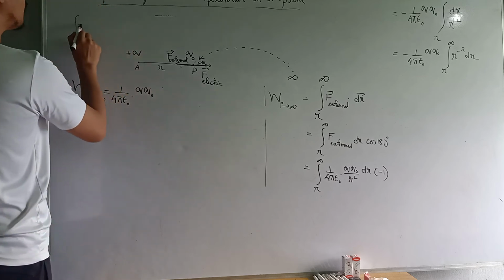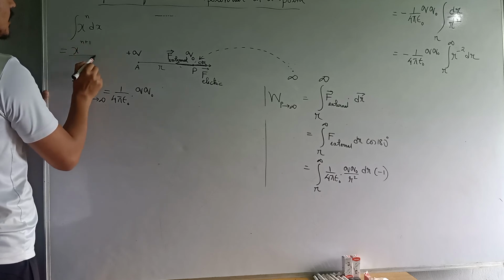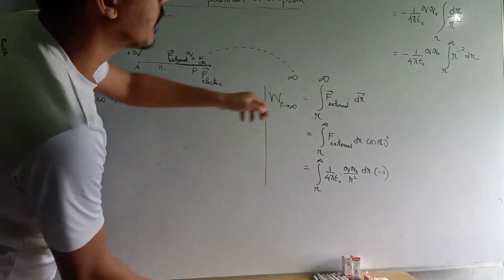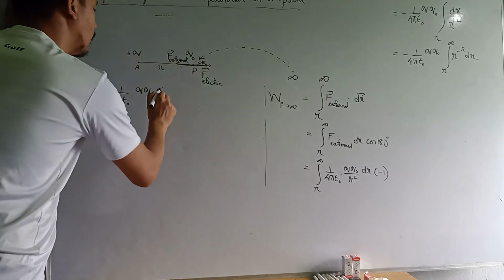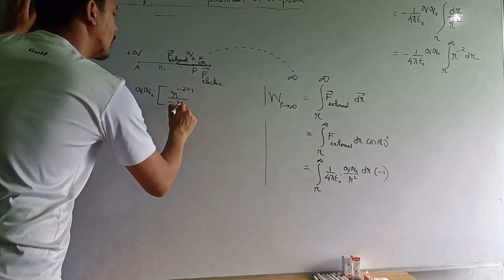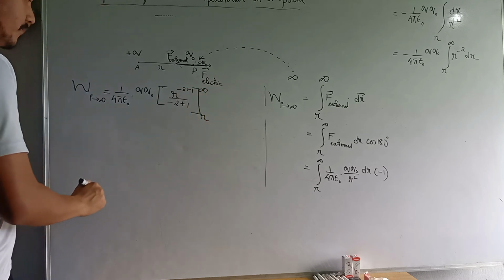Integration of x to the power n dx is x to the power n plus 1 upon n plus 1. So integration of r to the power n dr will be r to the power n plus 1 upon n plus 1. We are integrating from r to infinity.